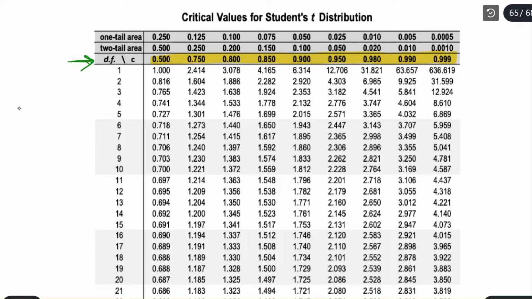For example, if the sample size was 9, then the degrees of freedom, df, and the corresponding critical value, that's what c is for, is n minus 1, so it'll be 9 minus 1, which is 8. Then we look at this entire row of 8.